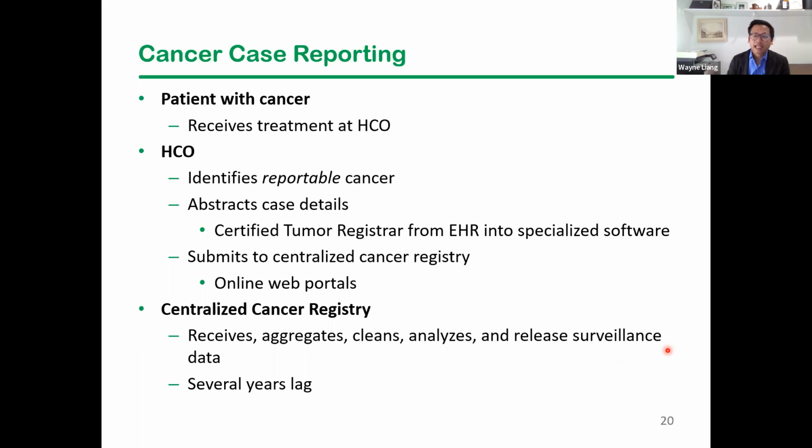And then once they identify those cases, they abstract the details. Usually that's performed by a certified tumor registrar, a staff member, from the EHR into specialized software like Metric, for example. And this is often a very manual process, possibly semi-automated, but largely manual chart abstraction, chart review.